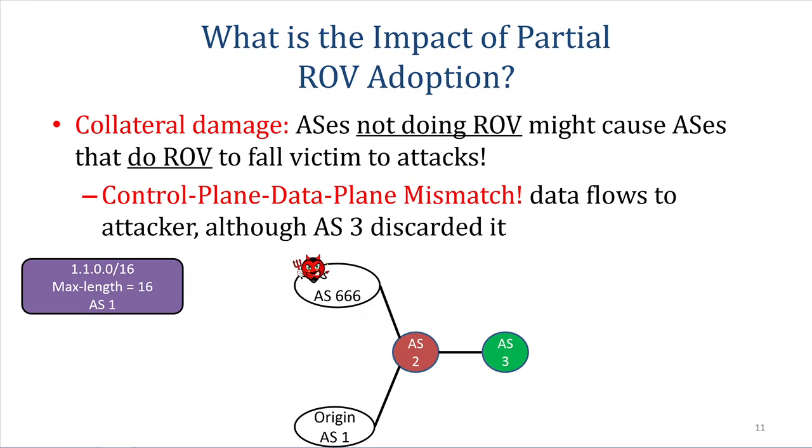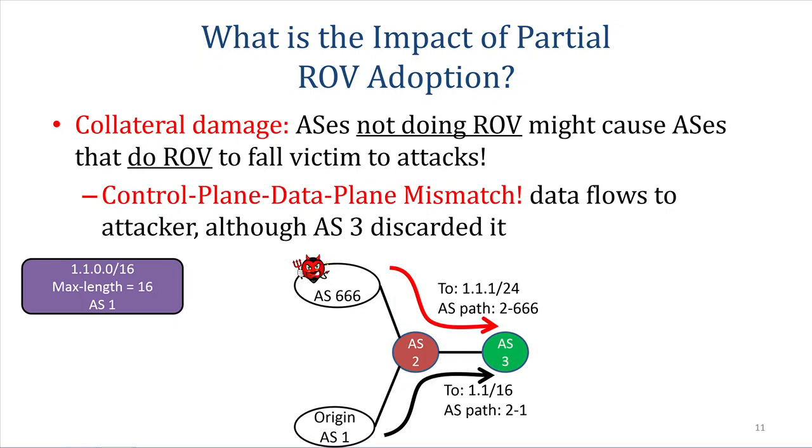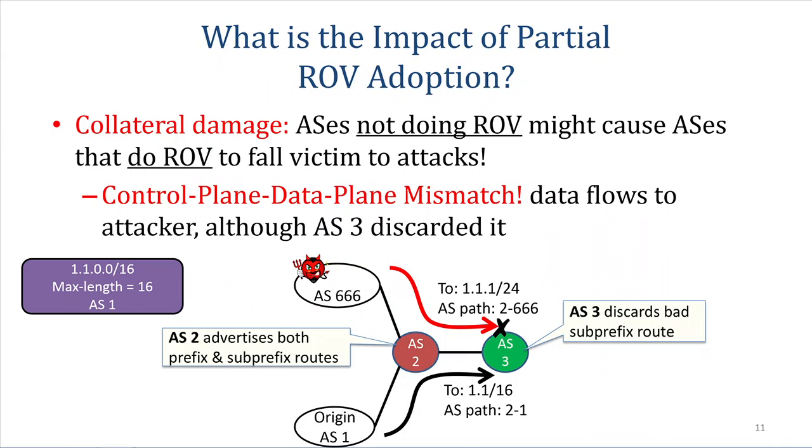So consider the exact same scenario, except now the attacker is performing a sub-prefix hijack. So the attacker announces a sub-prefix of the victim. And because these are two different prefixes, the prefix and its sub-prefix, AS2 can actually announce both of them to AS3. And AS3, again, knows to tell that the attacker's advertisement is invalid, so it discards it and decides to send the traffic in the correct way.